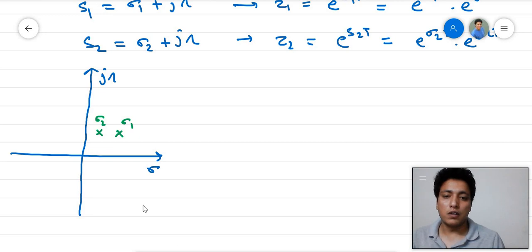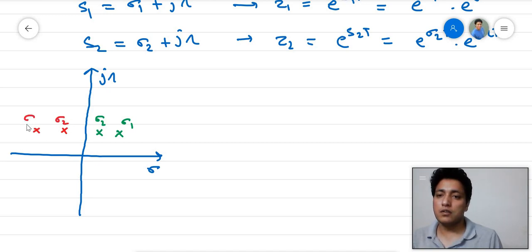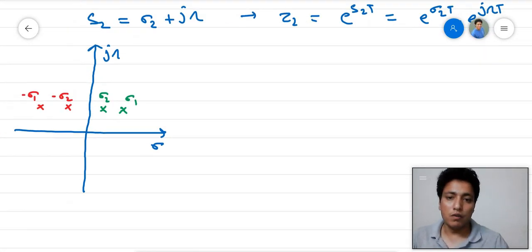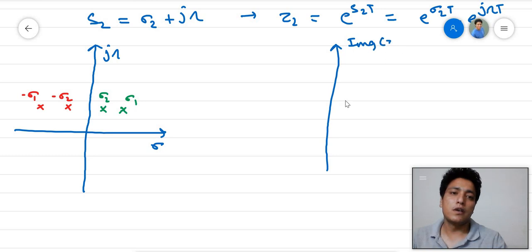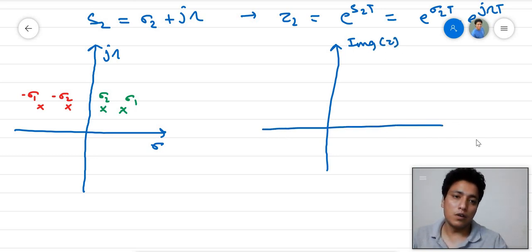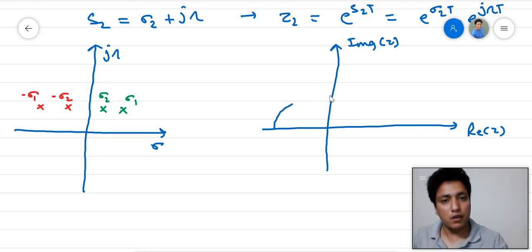Then we have another pole, this is at sigma 2 and this is sigma 1 with a negative sign. So the mapping will be done in the z plane, that is imaginary z with real z, and we have a unit circle.